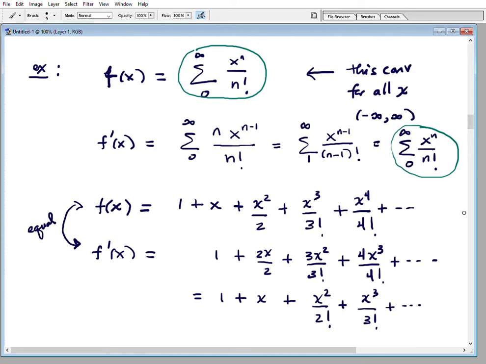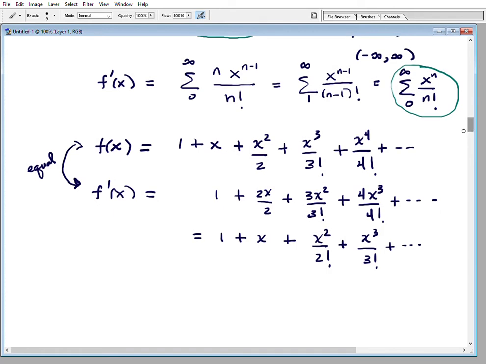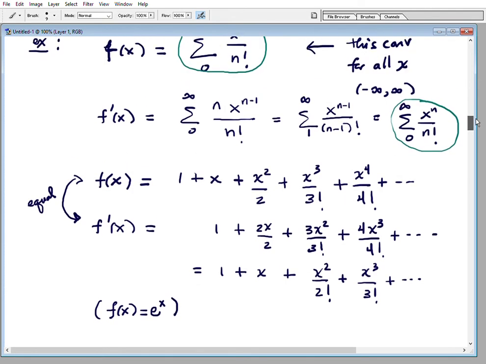So what function do we have where the function is equal to its derivative? That's e to the x. So in fact, this is e to the x. We saw that the Taylor polynomial for e to the x looked like this, but the power series for e to the x is this. We'll see that later.